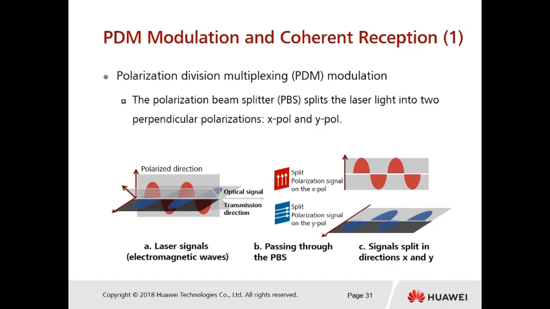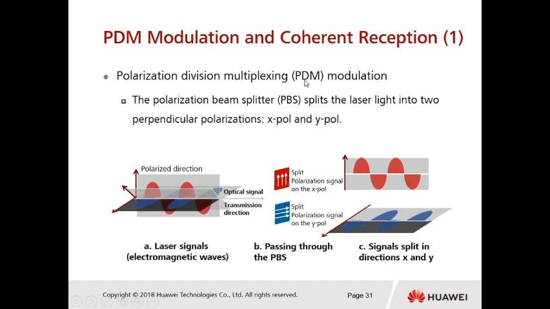But after 10G, we use a new modulation technology, that is coherent modulation. So what is coherent modulation? Check this out. Actually, our light transmits with a lot of polarized directions, but a lot of this polarization is useless in the sync direction. In the sync direction, we only need one polarized direction.